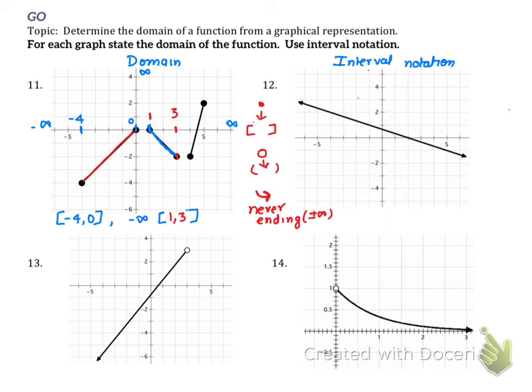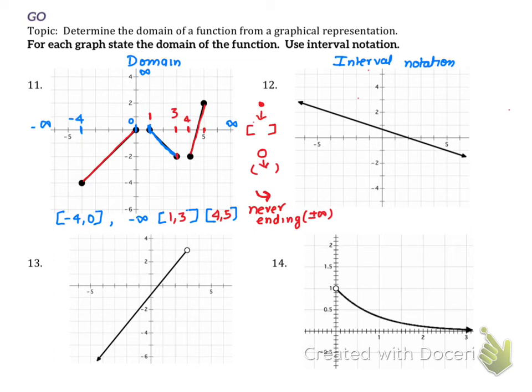Same way for the third piece, it starts here, that is 4, and ends here, that is 5. So it's going to be 4 and 5, and because both ends are closed, it's going to be the square bracket. That way we have three values for the domain.